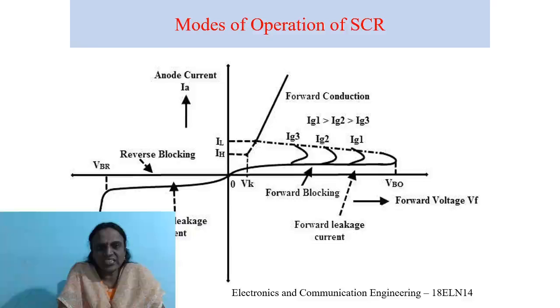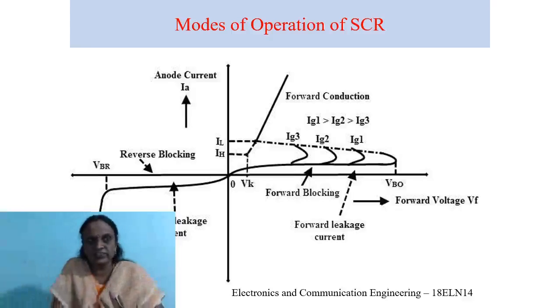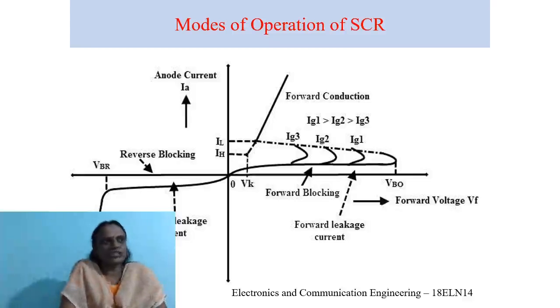Next, the last mode of operation is the reverse blocking mode. In the reverse blocking mode, the cathode is made positive with respect to the anode.